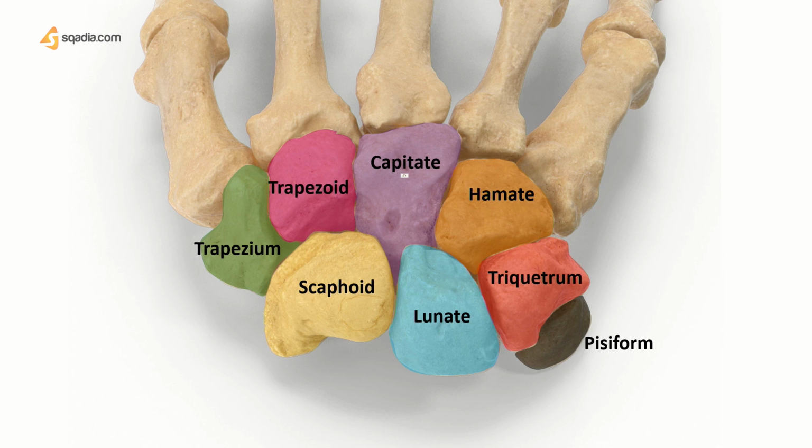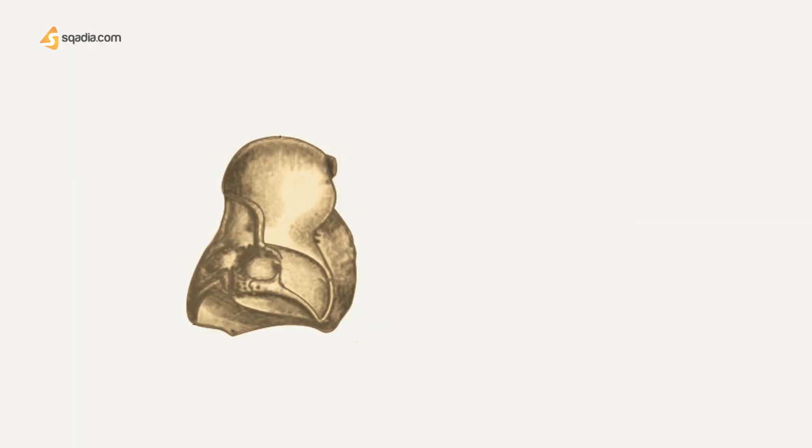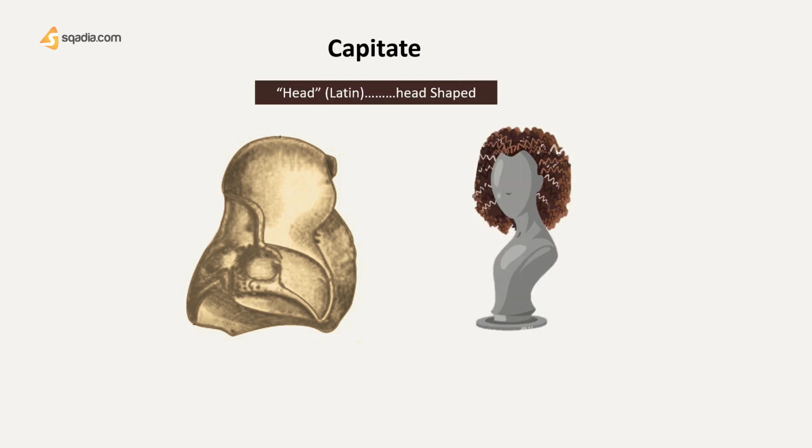Now coming towards the largest carpal bone, which is head-shaped and is the largest bone in both the proximal and the distal rows. The huge bone in the distal row is the capitate bone. Its name is derived from the Latin word for head, and it actually has a head shape.